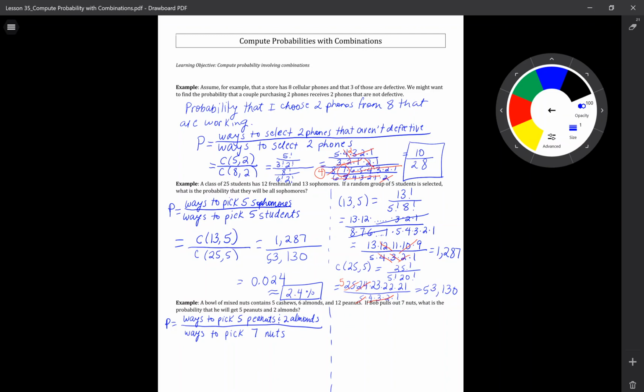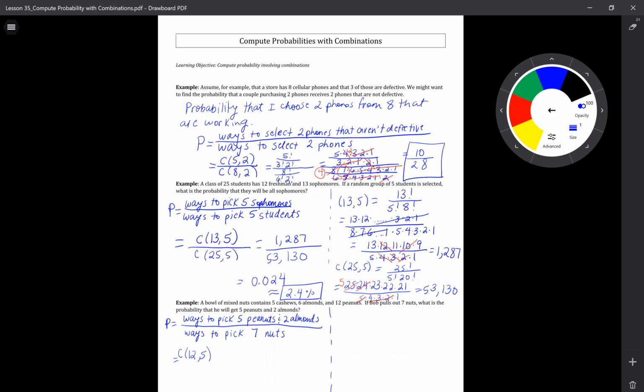But on the top here, I have 5 peanuts and 2 almonds. So I want 5 out of 12 peanuts. So the ways to pick 5 peanuts is C of 12 choose 5, since there are 12 peanuts. And I want to choose 2 almonds.